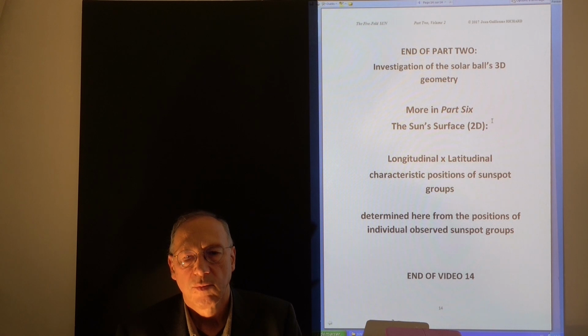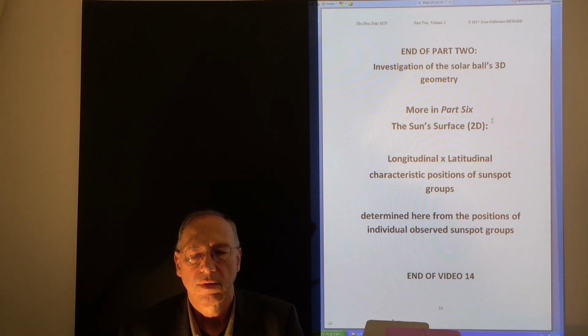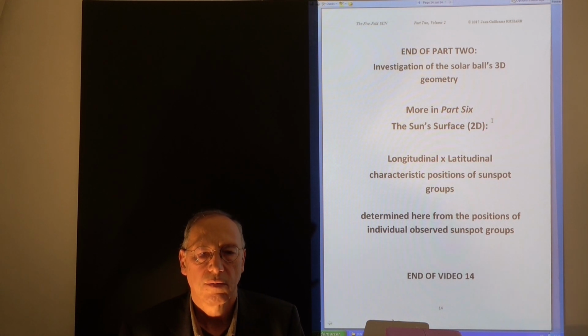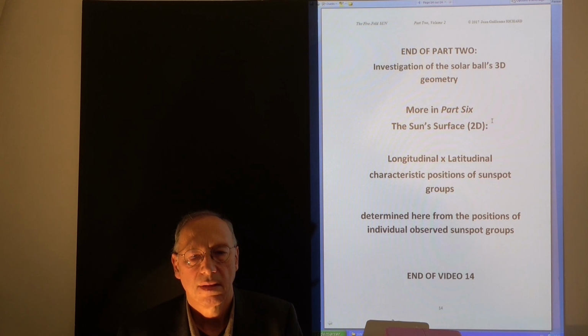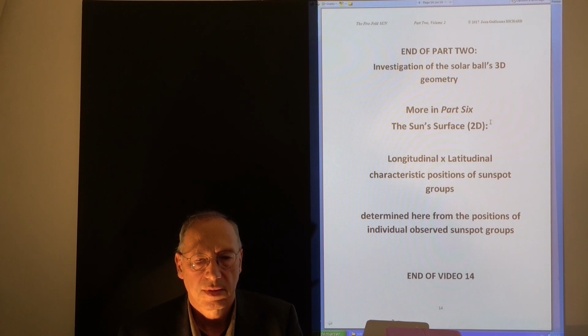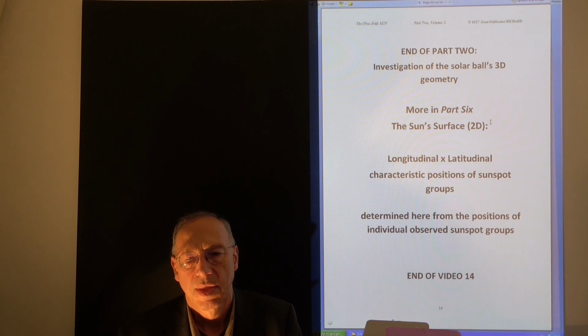However, we will have more in part 6, seen from the point of view of the two-dimensional geometry of the Sun's surface, in which we will combine the findings of latitudinal positions and longitudinal positions as reported from individual sunspot sightings, as opposed to so far discussed relative sunspot numbers, which are not physical sunspot numbers.